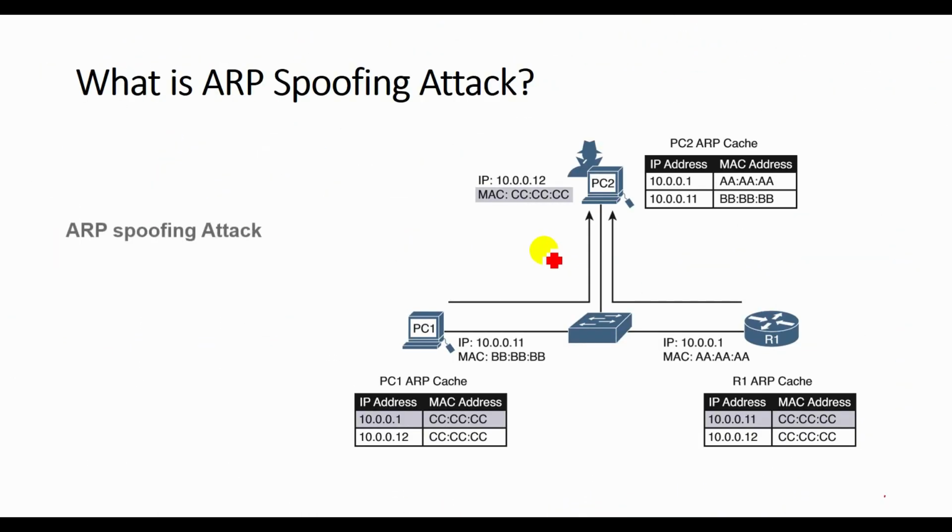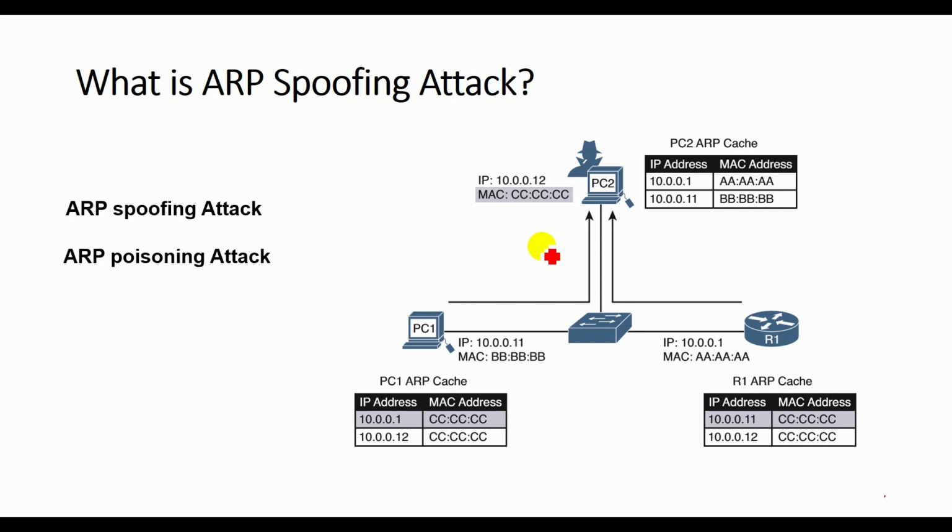What is an ARP spoofing attack? ARP spoofing, also known as ARP poisoning, is a man-in-the-middle attack that allows attackers to intercept communication between network devices to spread malicious code or malware and steal data such as passwords and PINs stored in the system. The attacker must have access to the network. They scan the network to determine the IP addresses of at least two devices.